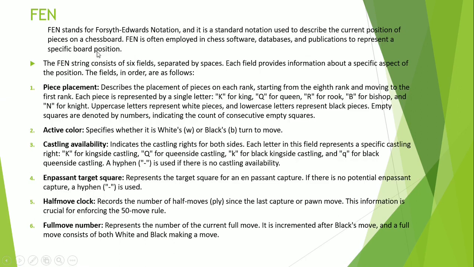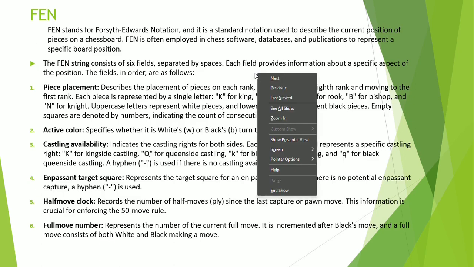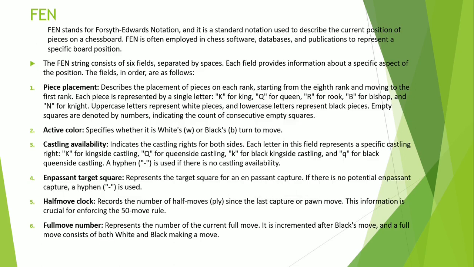Obviously I used ChatGPT to write all this. The FEN string consists of 6 fields separated by spaces. Each field provides information about a specific aspect of the position. The fields in order are as follows. Basically FEN is a string of 6 parts where each part is separated by a space.